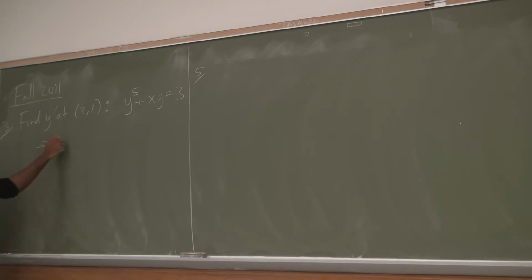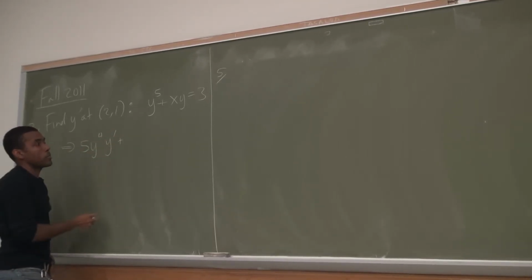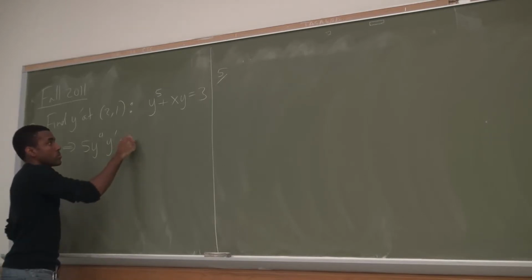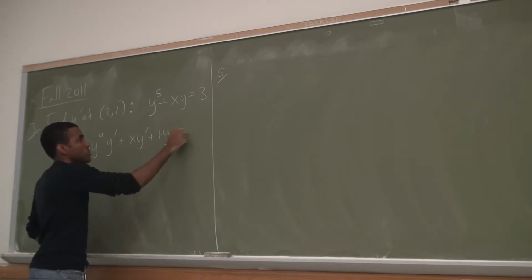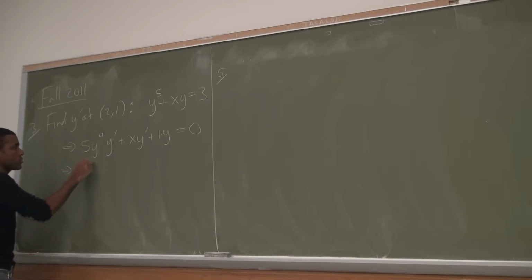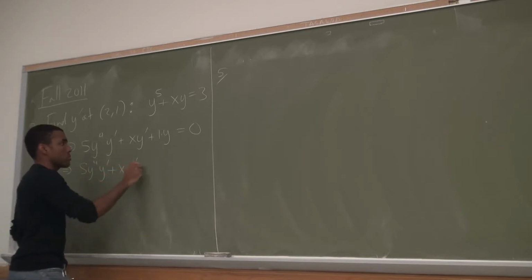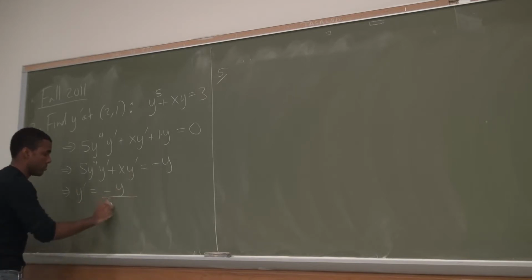Use the chain rule for 5y to the 4, so this gives you 5y to the 4 y prime, plus use the product rule, so x times 5y to the 4 y prime plus 1 times y equals 0. Then move the y over to the right side. Y prime in the end is going to be equal to negative y over 5y to the 4 plus x.